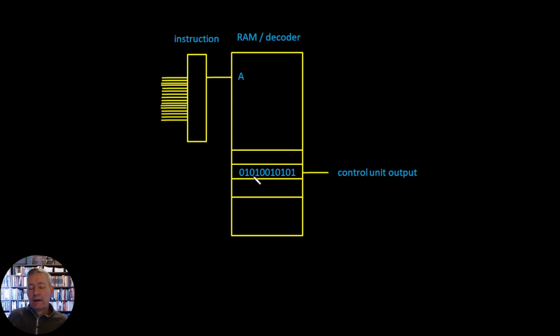I have actually gone ahead and built a microcoded control unit, and I've taken all of the connectivity from the hardwired one and got rid of the vast majority of it. But what happens is that the RAM decoder becomes very complicated, and that might be okay. You might be happy with a complicated set of instructions.